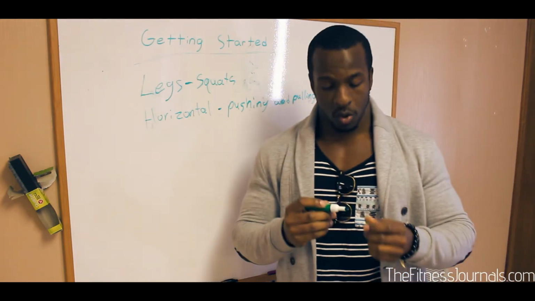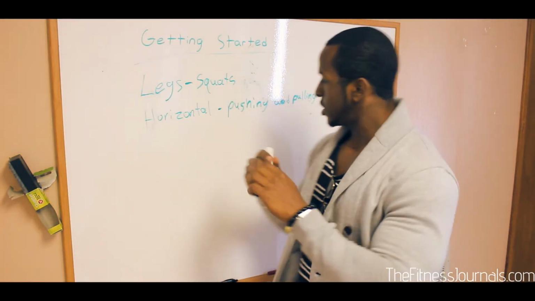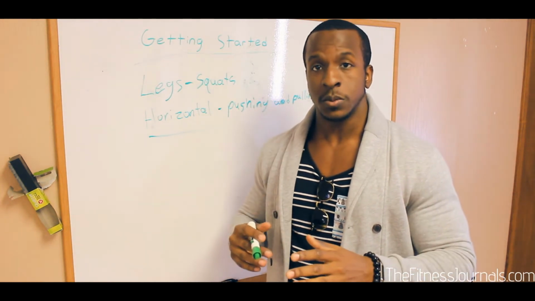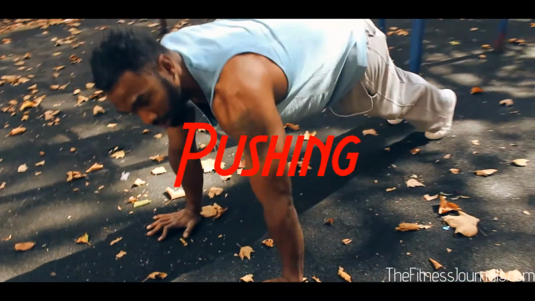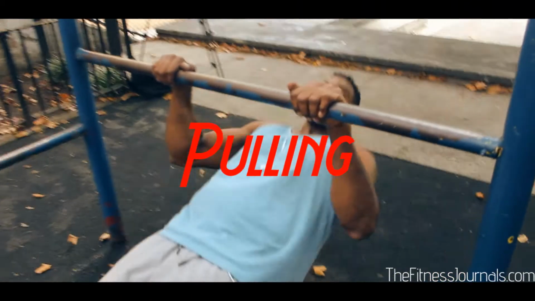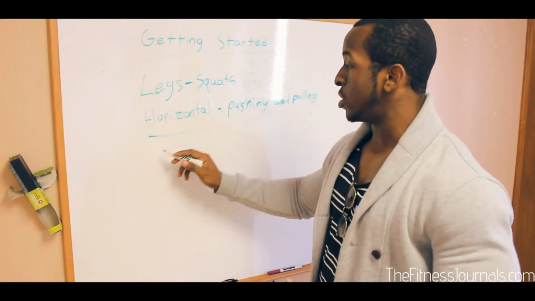So when you think of the horizontal plane, what way is it? This way, horizontal. Horizontal pushing, that's a push-up. You see you have a push-up there. That would be moving in the horizontal plane. When you're creating an exercise plan, you want to ensure that you have horizontal pushing and pulling movements.